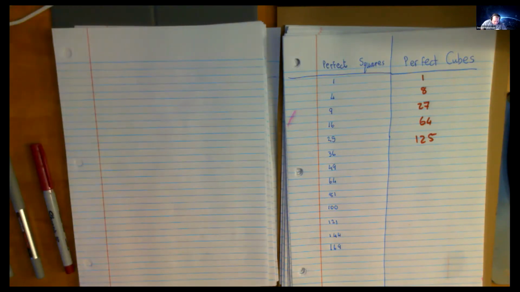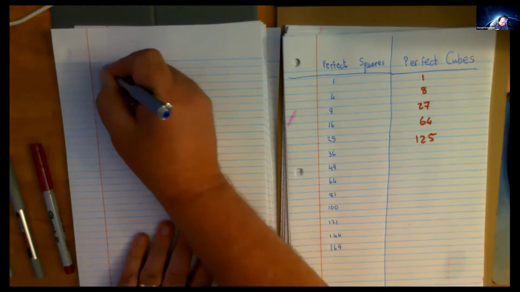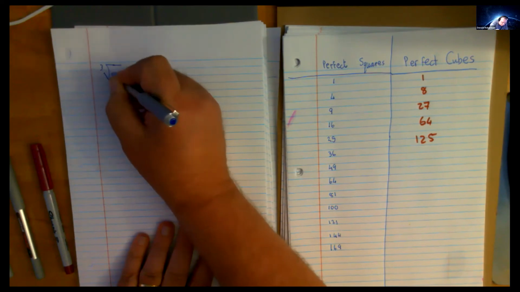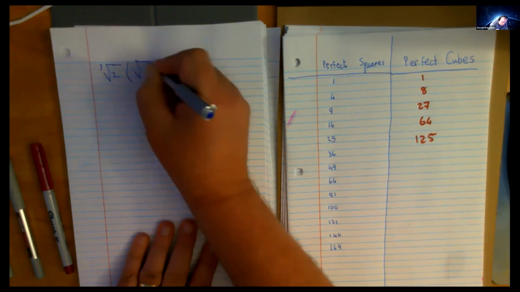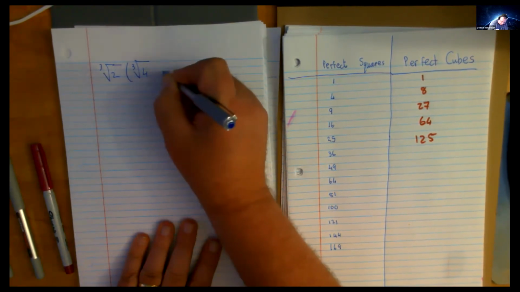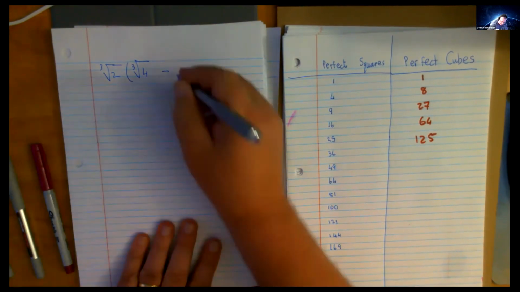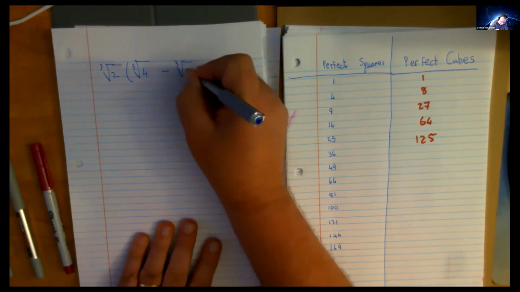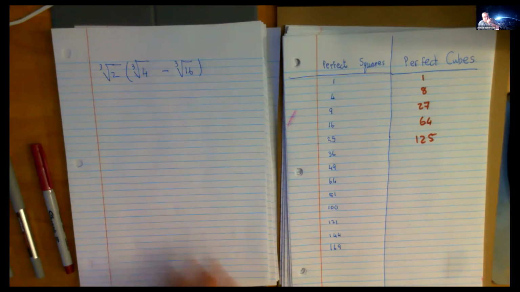So, suppose you have the cube root of 2, and you multiply it by the cube root of 4, take away the cube root of 16. So this would be an example of the distributive rule, right? The distributive law.